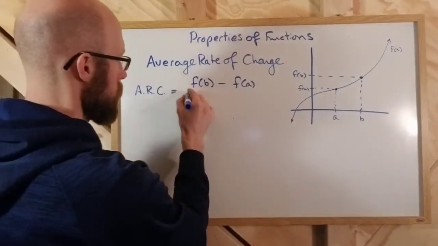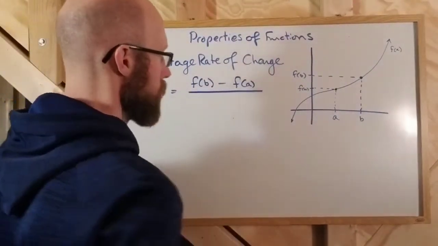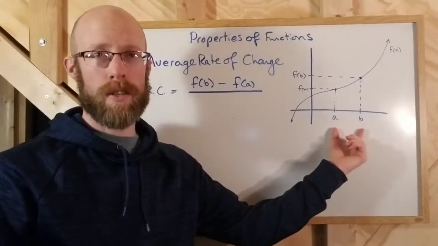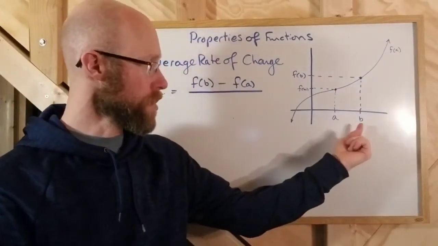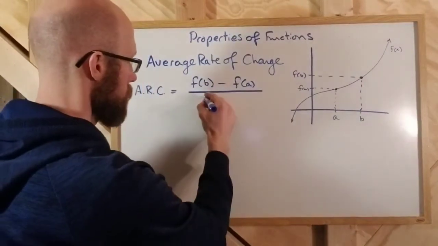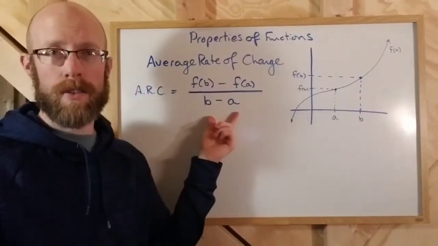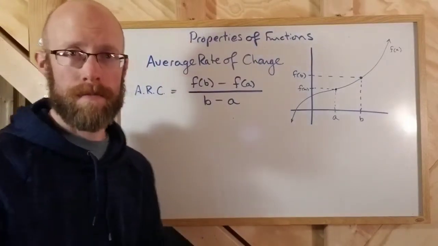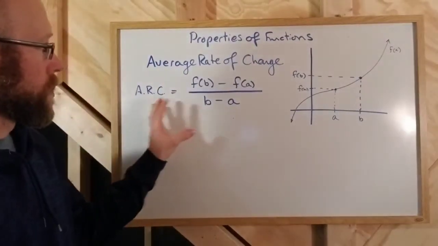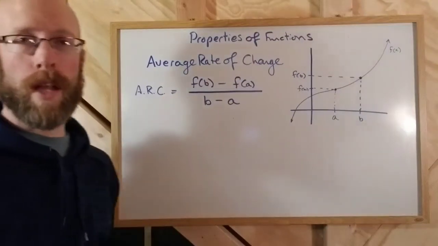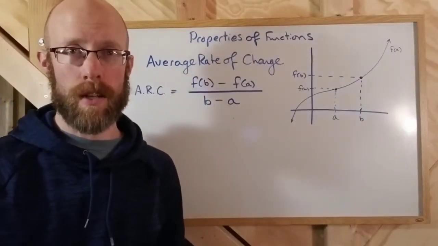Then in the denominator, you divide by the horizontal change. Horizontal change in this case is b minus a. So you have the change in y's over the change in x's, which is essentially a slope again. And so this formula is what you would have for the average rate of change.